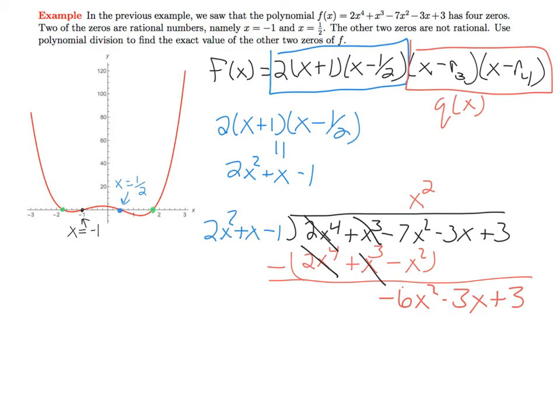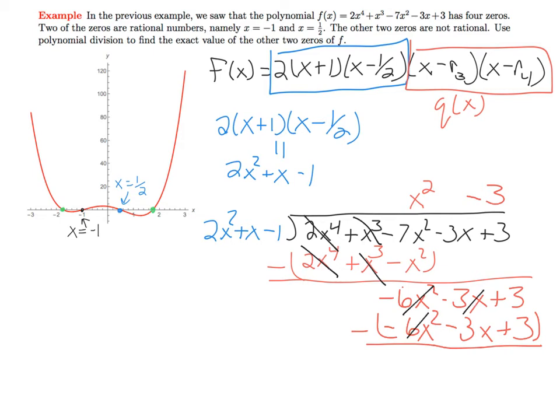And this means that I need to multiply by minus 3 in order to match the leading term of what's left over. And so that would give me minus 6x squared minus 3x plus 3. And when I subtract this, as we hope, we get a bunch of cancellations.